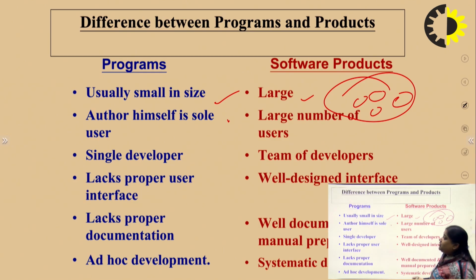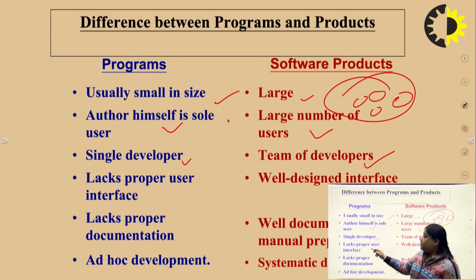For a program, the author himself is the sole user, while software products can be used by a large number of users. A program is developed by a single developer, and a software product is developed by a team of developers.